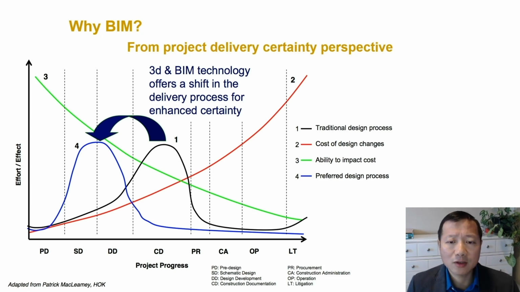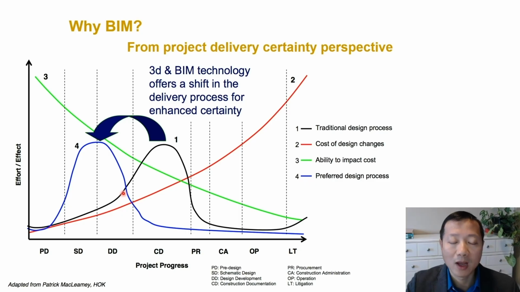So this leads to the uncertainty curve right here. Let me see if I can bring up my laser pointer here. So this leads to the uncertainty or certainty curve represented here as the black line, which shows that at the very early stage of the project, while the ability of being able to affect the project is pretty high, the certainty is low, right?